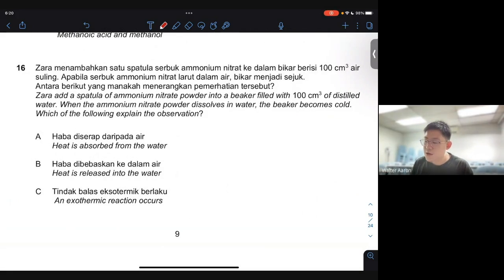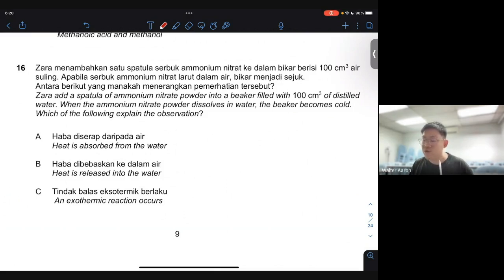Number 16, Zara adds a spatula of ammonium nitrate powder into a beaker filled with distilled water.